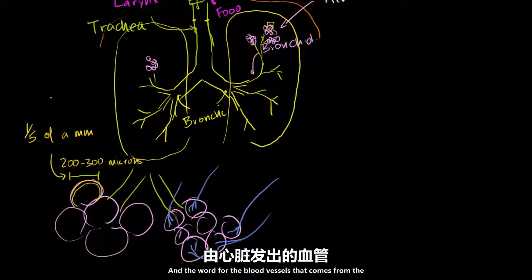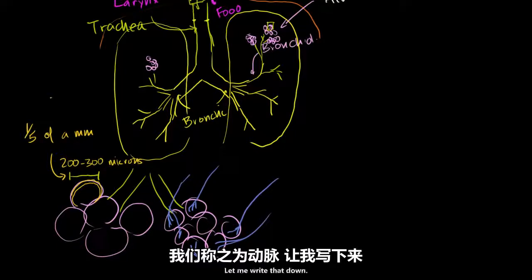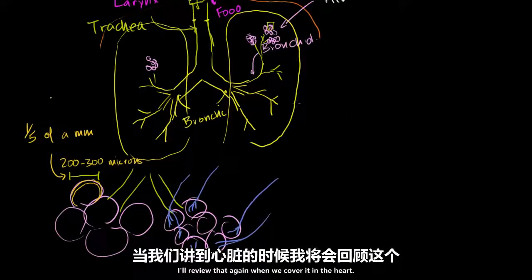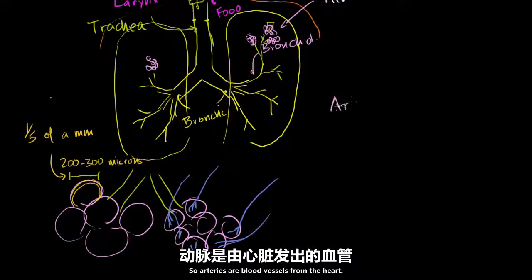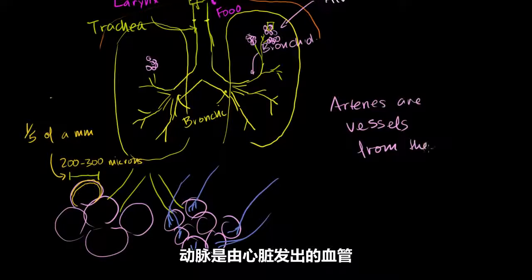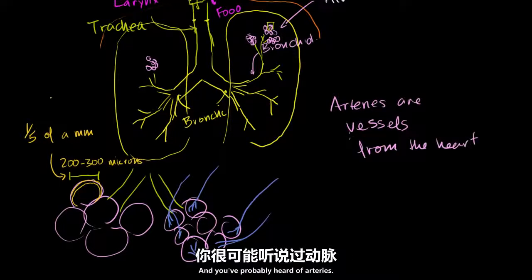And the word for the blood vessels that come from the heart is arteries. Let me write that down. I'll review that again when we cover it in the heart. So arteries are blood vessels from the heart. And you've probably heard of arteries.